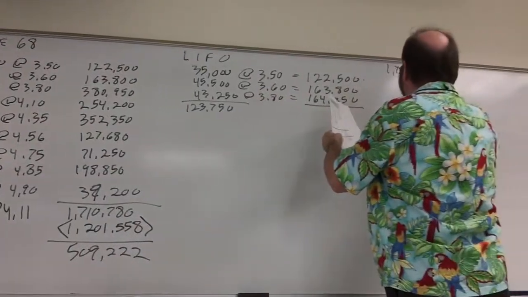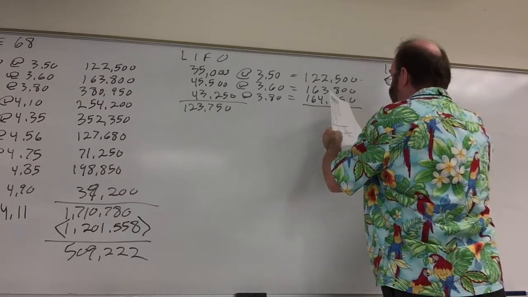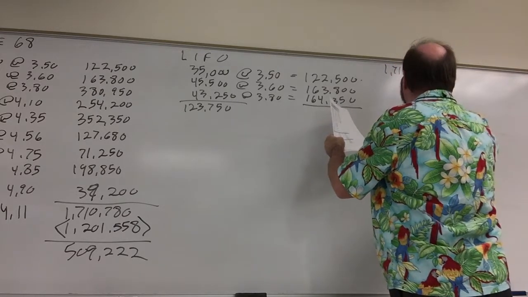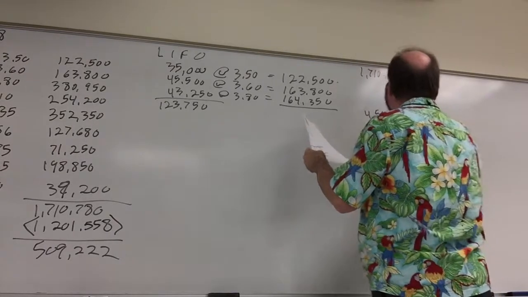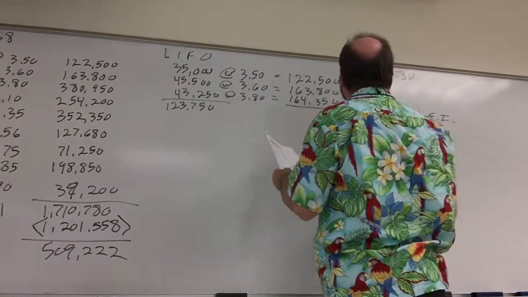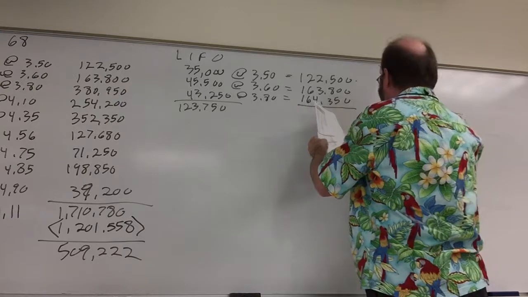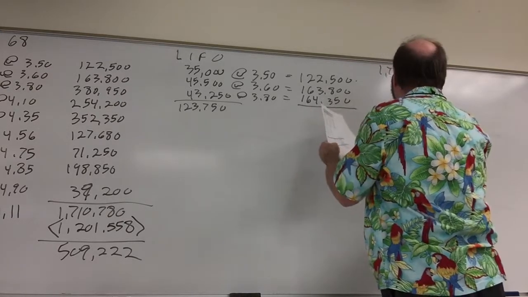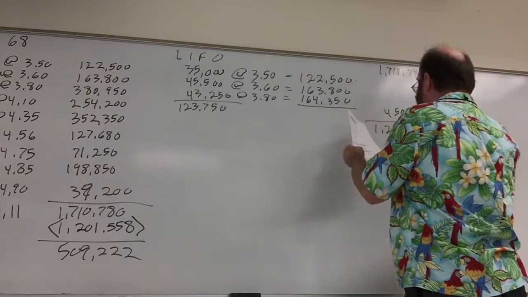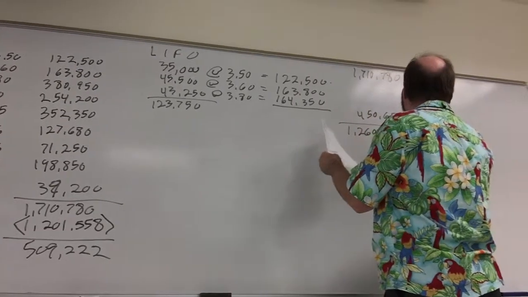That's a total ending inventory of 450,650. Subtract that from the total cost of goods available for sale, and you get 1,260,130 for cost of goods sold.